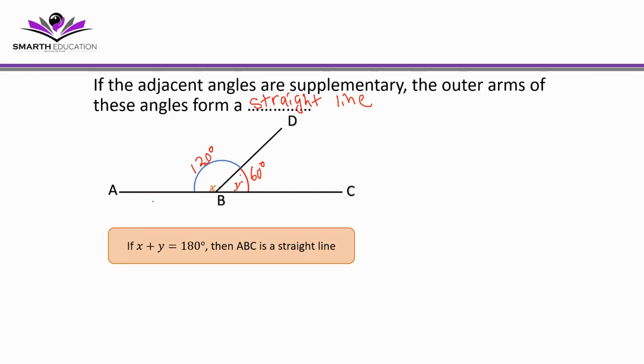BD is the inner arm, and we have the outer arm AB and the outer arm BC. The outer arms of these angles form a straight line. So ABC is a straight line. If x plus y is 180 degrees, then ABC is a straight line.